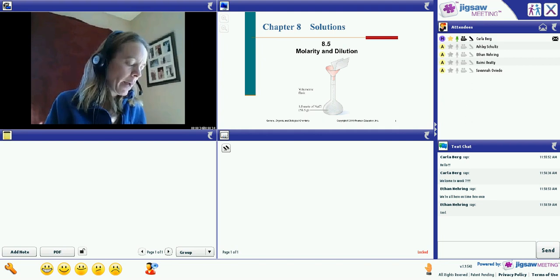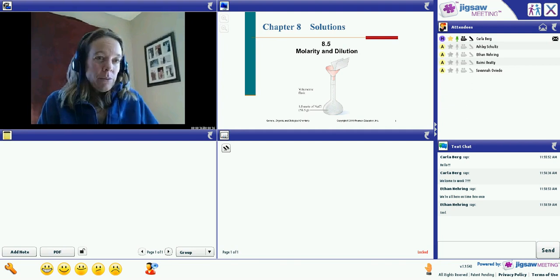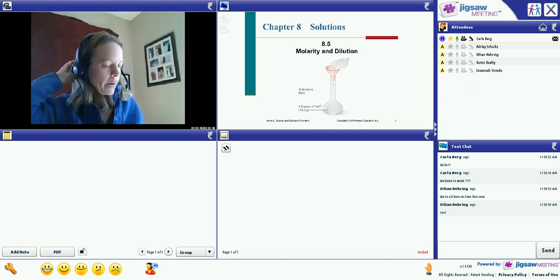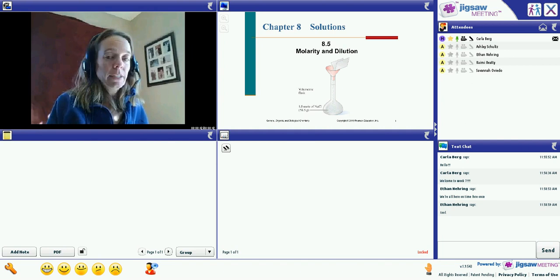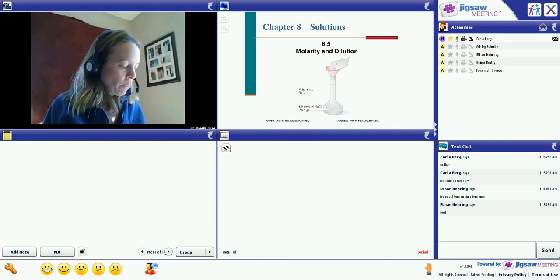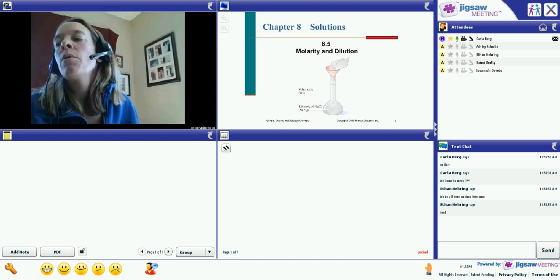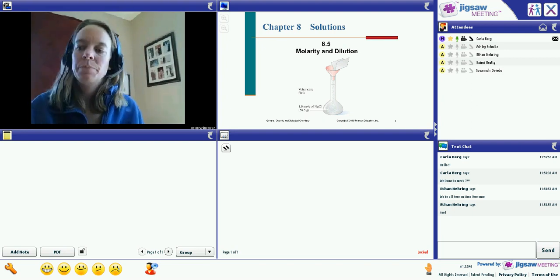Now, lab number 12, you need your kit, and then you need two more things. You need a piece of plain white background, and you are going to need some vinegar. Before we go ahead and do that, though, we are going to talk about molarity.